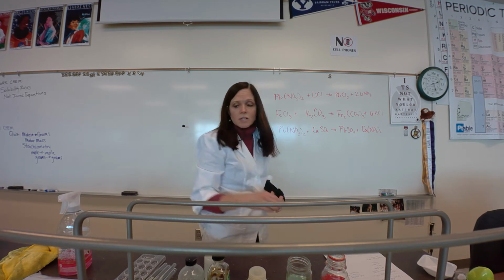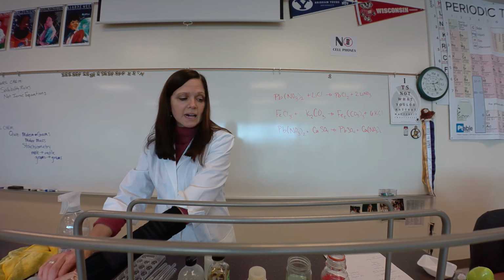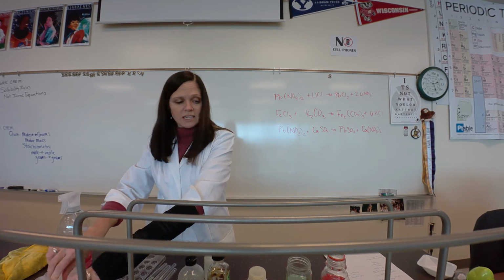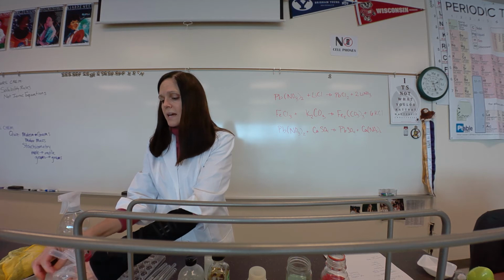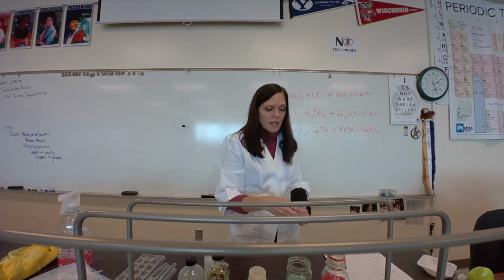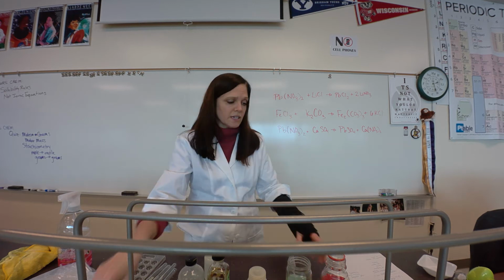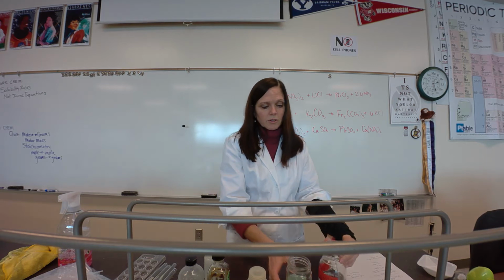So this first reaction that I want to do for you, we are looking at lead II nitrate, and we're going to react it with lithium chloride. I've got a solution of lithium chloride here and a solution of lead II nitrate.